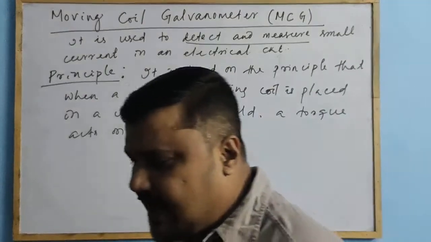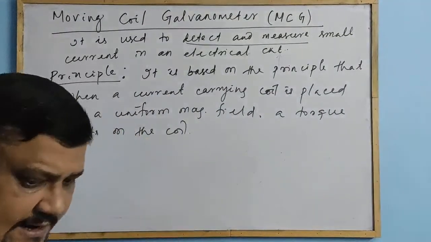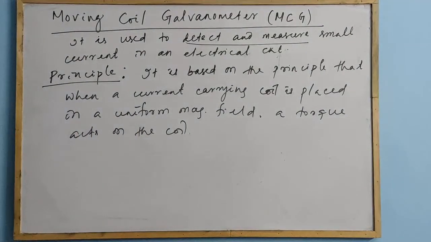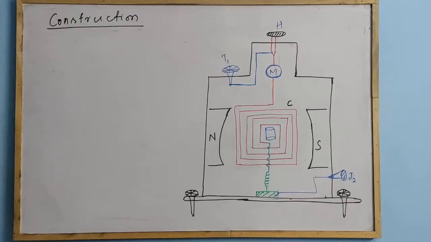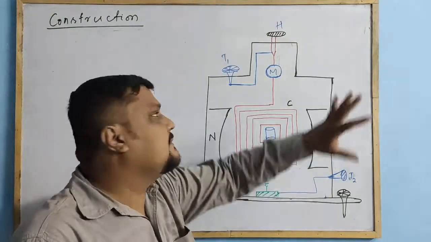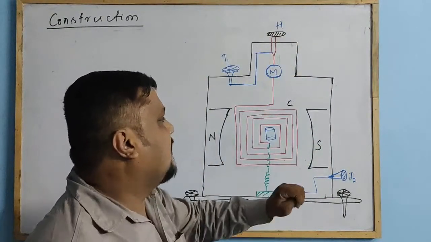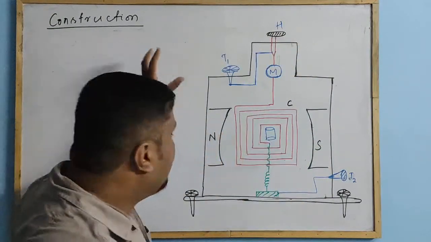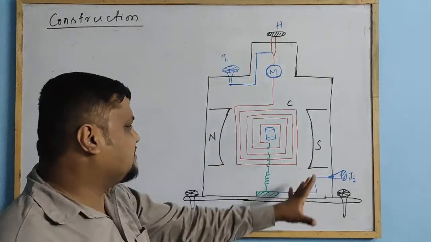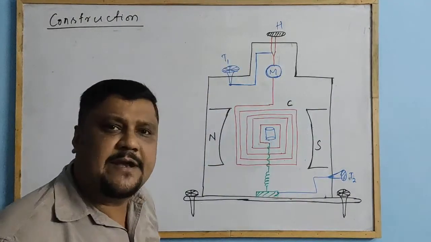Now we will go to the construction. Let me write the construction. This is the construction of a moving coil galvanometer, MCG.